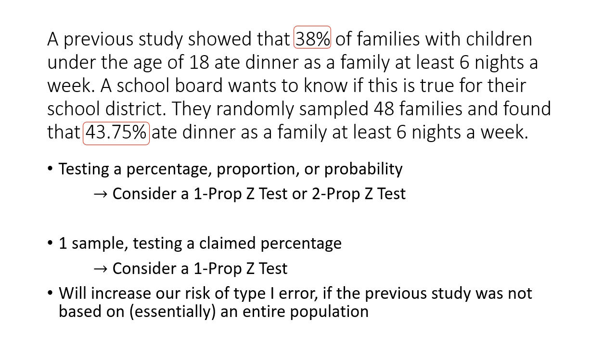But because we weren't given a sample size about that previous study, we don't have much choice but to assume that this is a claimed value or a study that was based on a very large sample, essentially an entire population. So we can use a one proportion z-test.